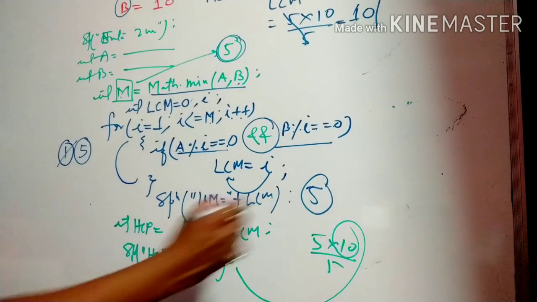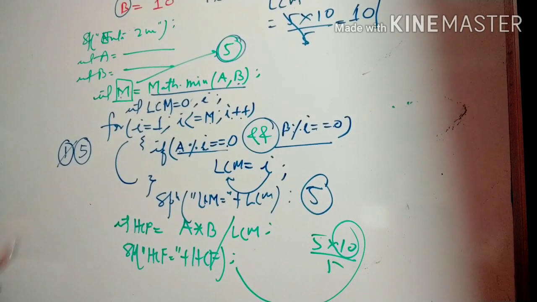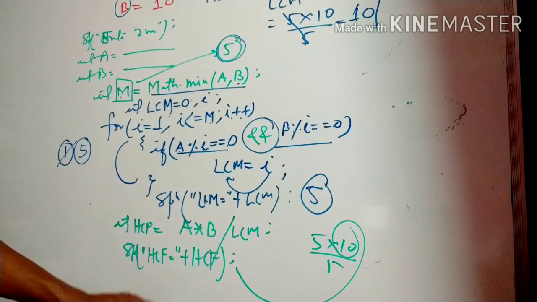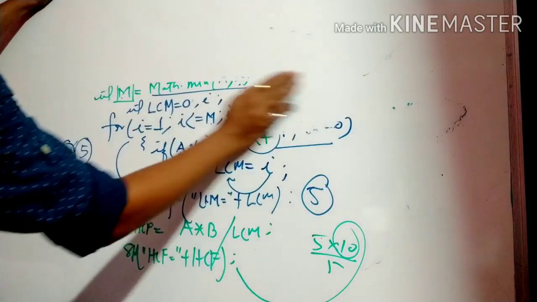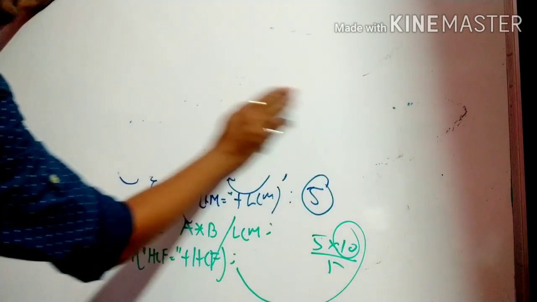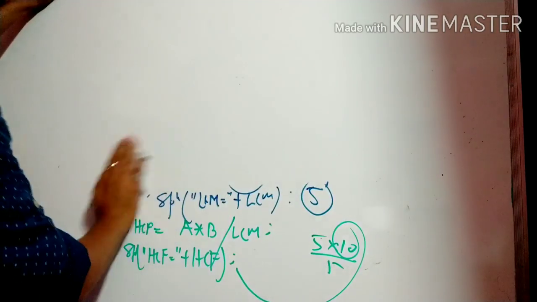We will get 10. So this is the way you have to input two numbers and print HCF and LCM of both the numbers. Is it clear, my dear children? In the next clip I will explain some series using for loop.